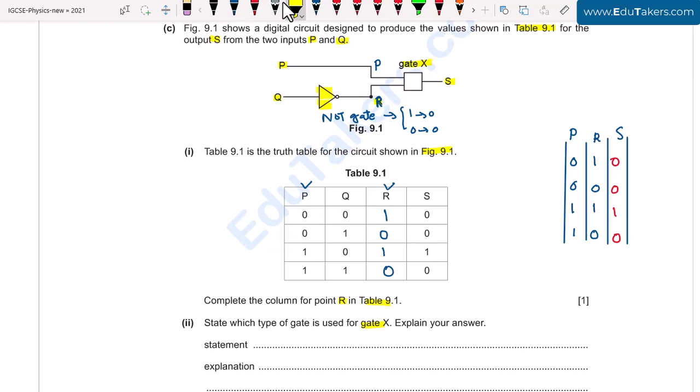When both inputs are low, output is low. When both inputs are high, output is high. And when any one of the inputs is low, the output is low. We can simply say that the output is high only when both inputs have high values. And this gate is basically an AND gate.